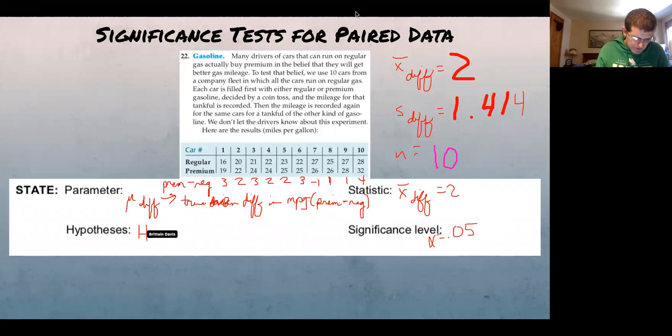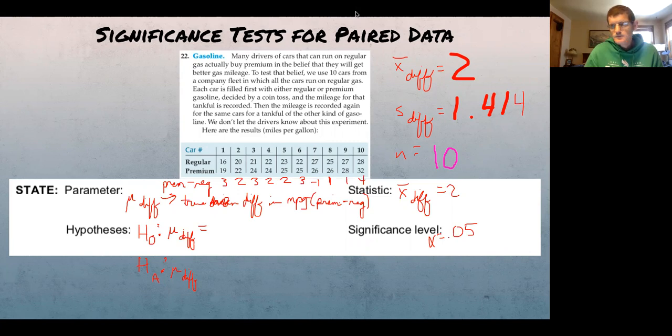Okay, so this will be hopefully something that you would expect. Since we're trying to figure out mu sub diff, what would our null hypothesis be? Maybe let me ask it this way: what would a no change scenario look like for this problem?